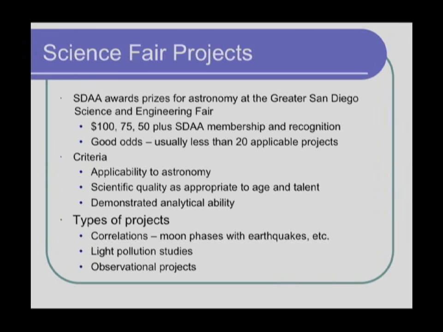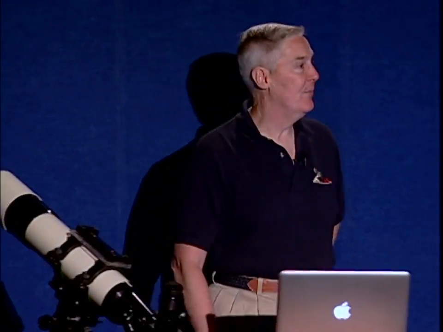Light pollution is a good thing. Of course, we like light pollution studies, but it's easier for them to do. And so typically what people would do is they'd go to different locations, different distances from the city, go to the desert, go to Anza Borrego, go midway out, do it at the school or somewhere where it's bright, pick 3 or 4 locations, different times, take pictures, and come up with conclusions.